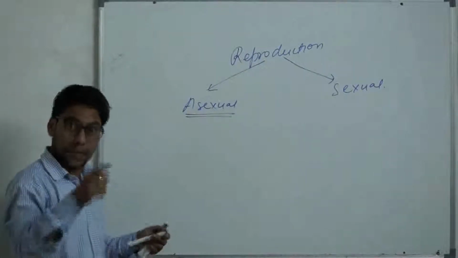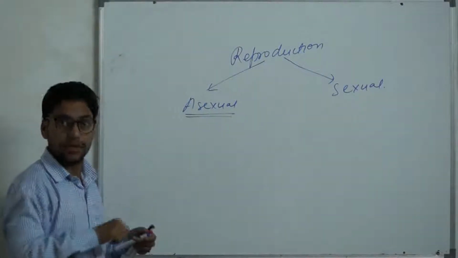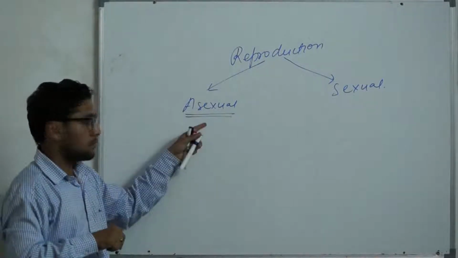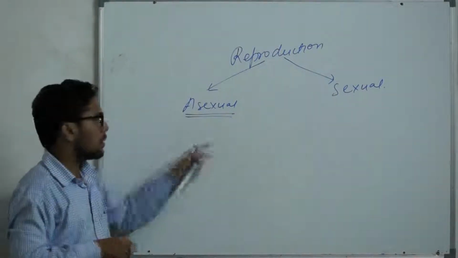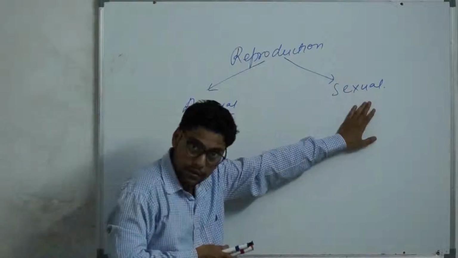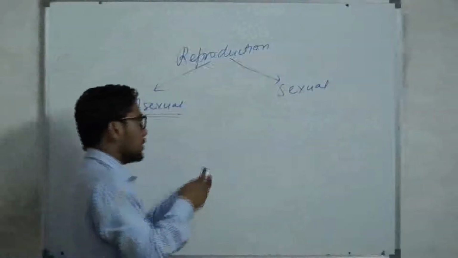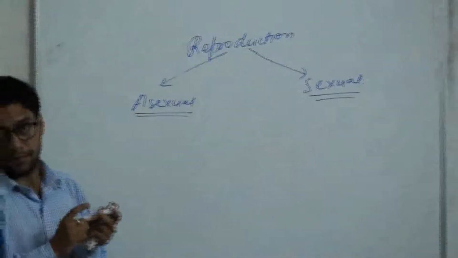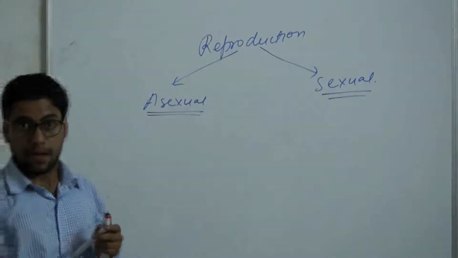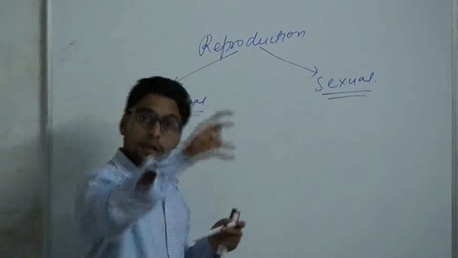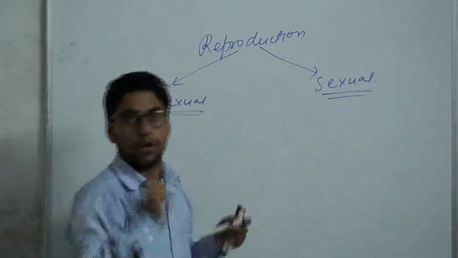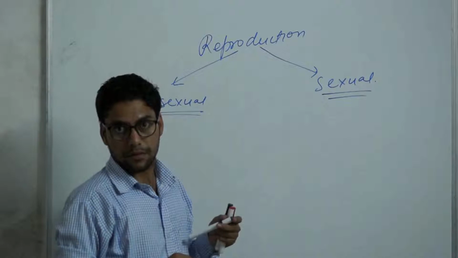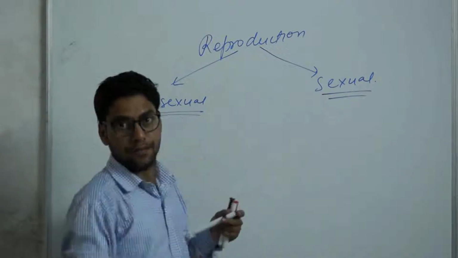But I am saying the gametes are formed in some individuals. This is asexual reproduction. But in sexual reproduction, the male and female gametes are formed necessarily. And these gametes fuse to form a zygote, which is the offspring we call it.